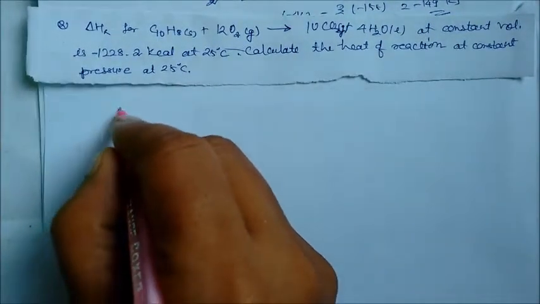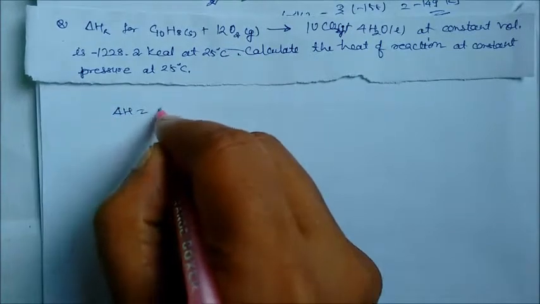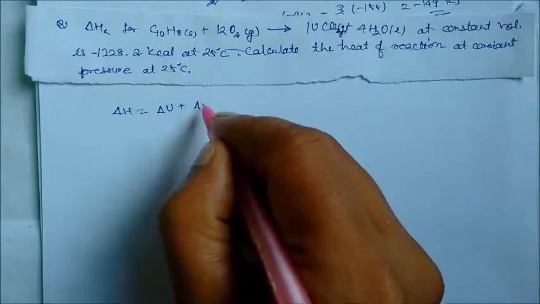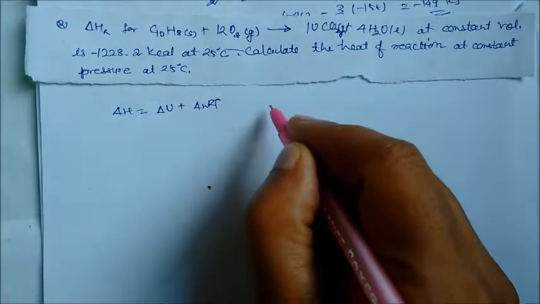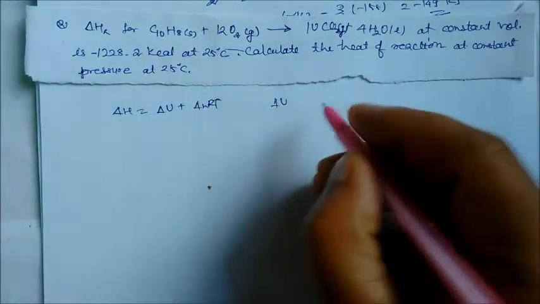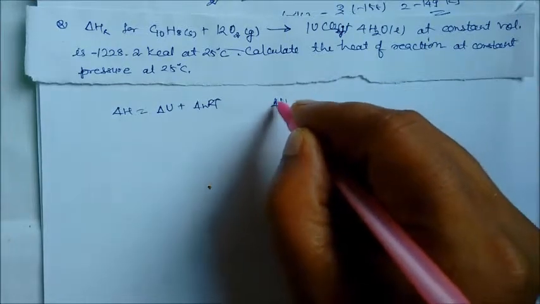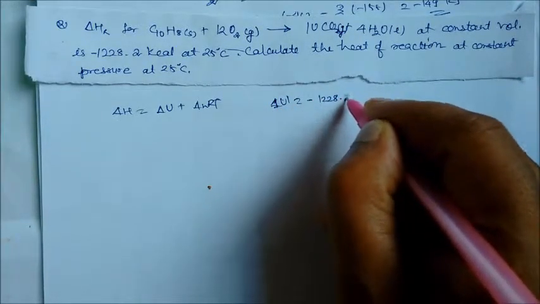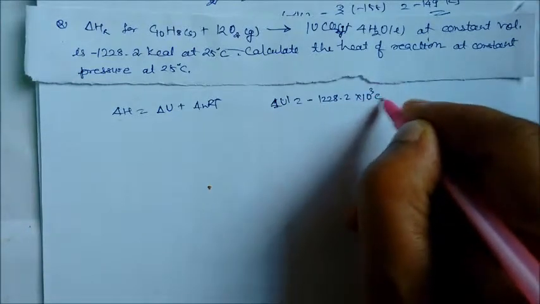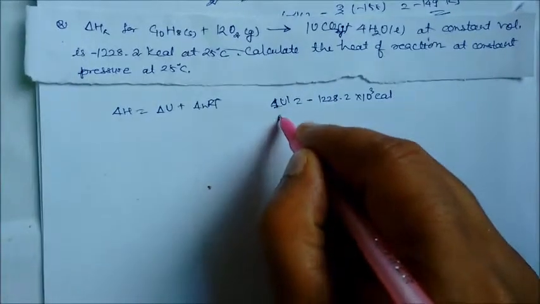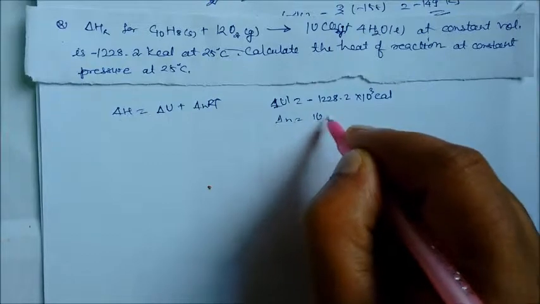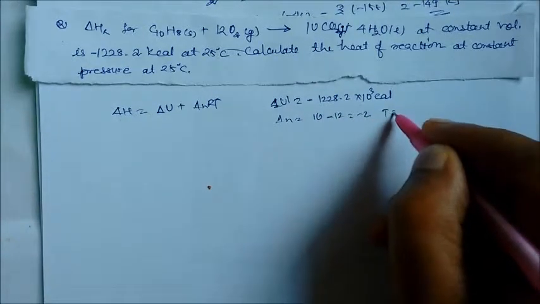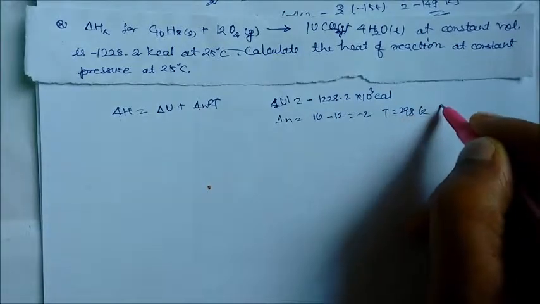So we write the formula. We know that delta H is equal to delta U plus delta n into R into T. Here delta U is -1228.2 into 10 to the power 3 calorie. Delta n is 10 minus 12, that is -2. Temperature is 298 Kelvin and R is 2.